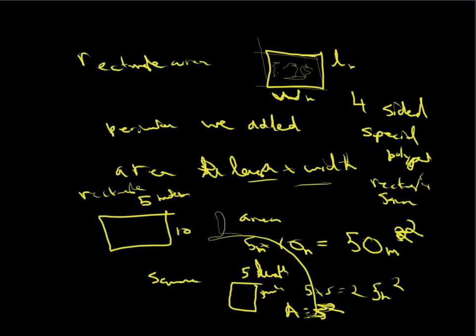So now let's go to just a regular parallelogram. And what I mean by regular parallelogram, these you'll notice are very interesting. When we say parallelogram, it's because the lines are just parallel. They'll never meet.